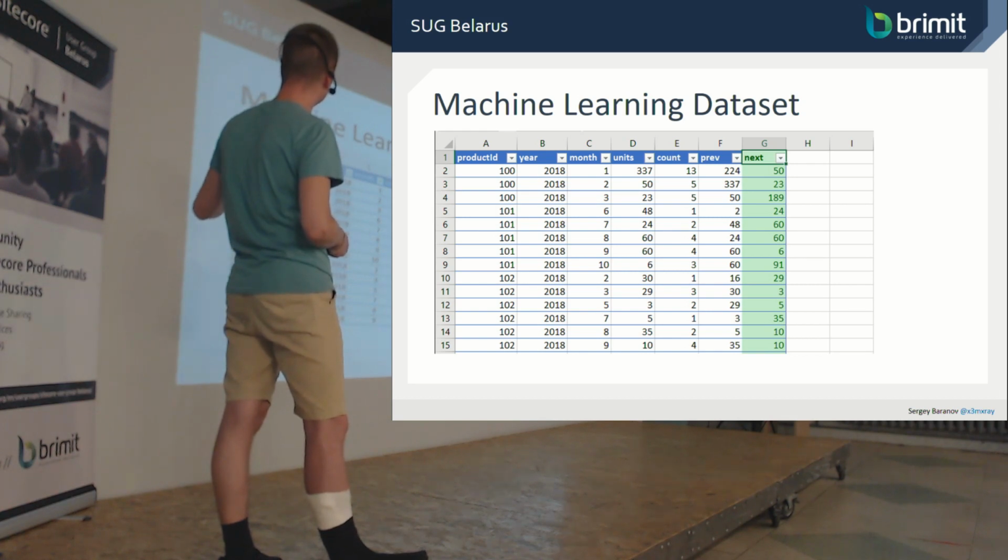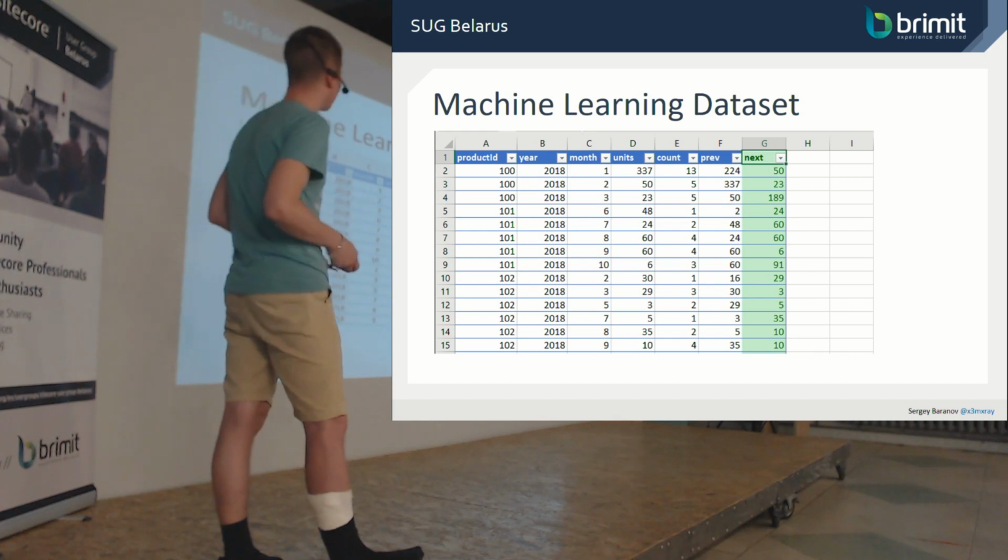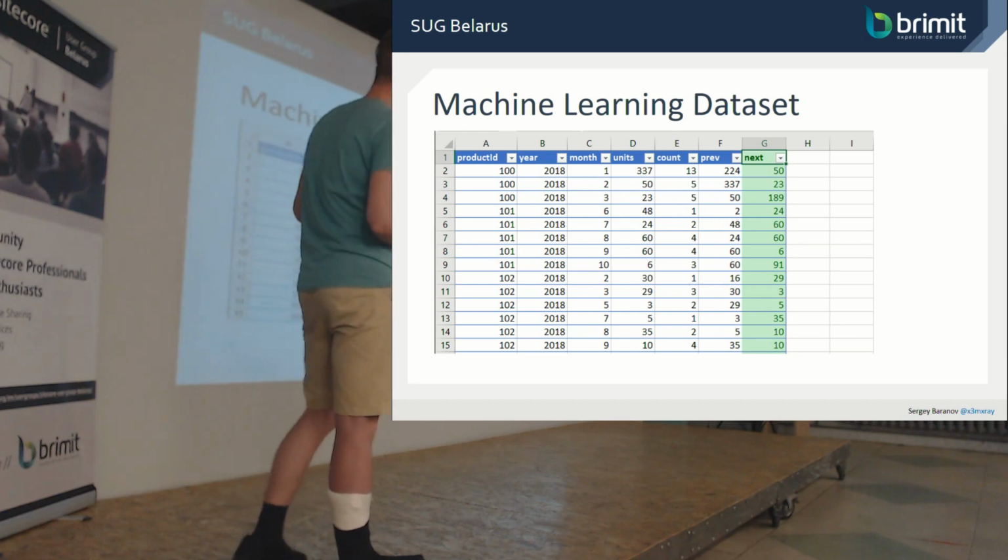We have product ID, year, month, units sold in amounts, count of products in one order, and also we need to know how many units were sold in the previous month, and if we know, in the next month too.